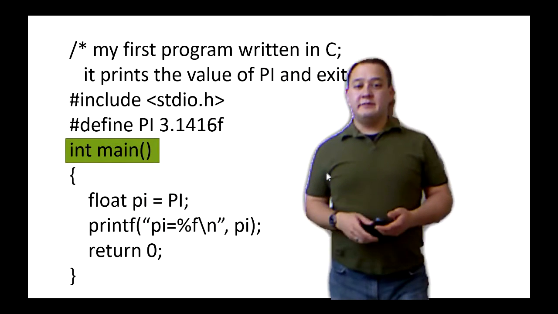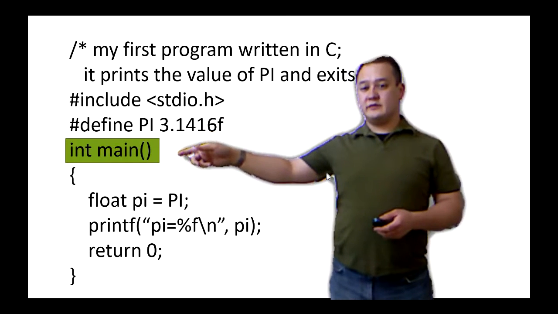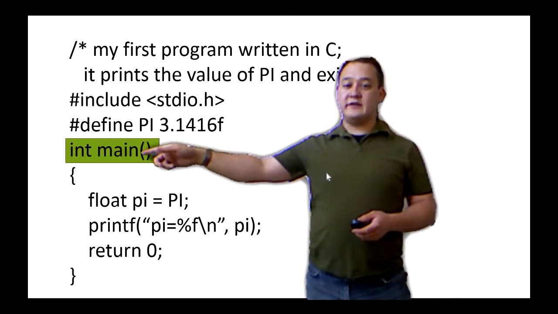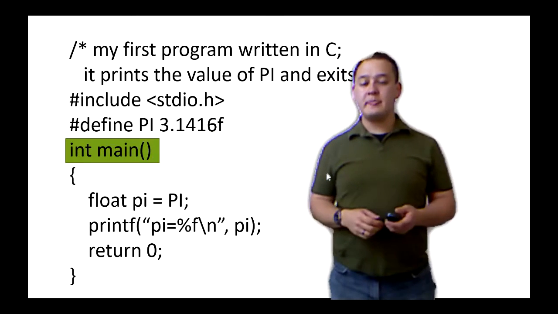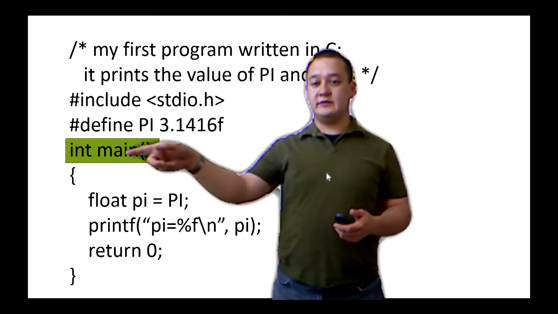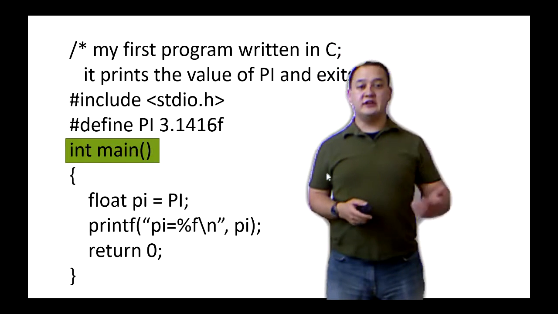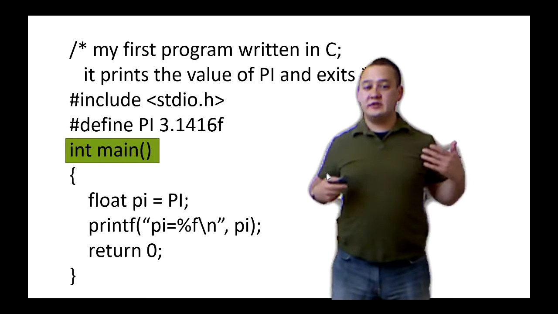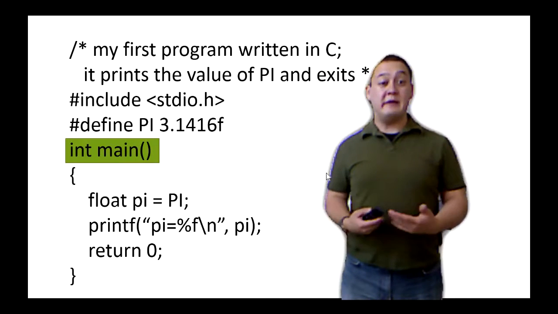The next command is this int main. When you see a word like main followed by open and closed parentheses, that's a function. Functions have two main parts. First, they have a type. This int over here tells us that this function is of type integer, and that means when the function is done running, it's going to send an integer back out.